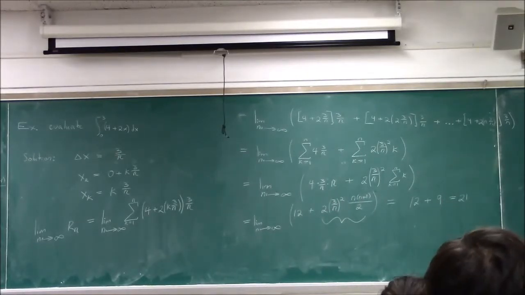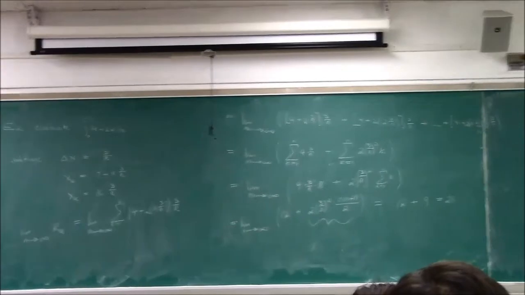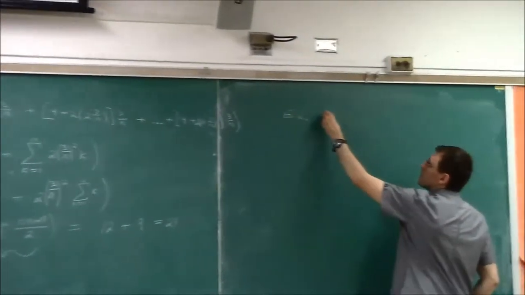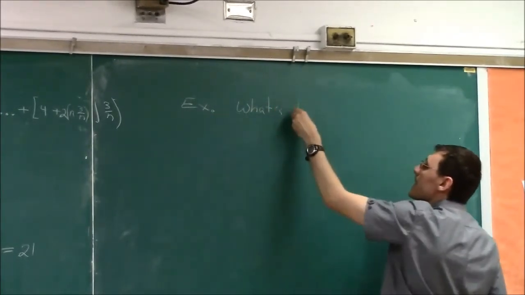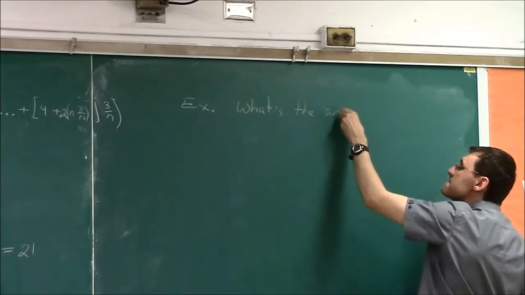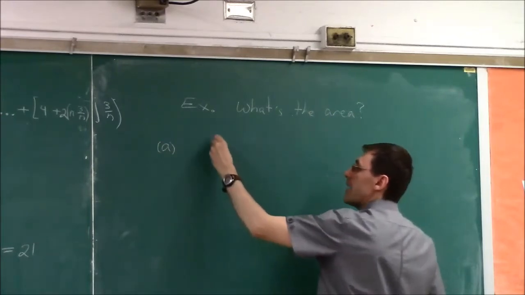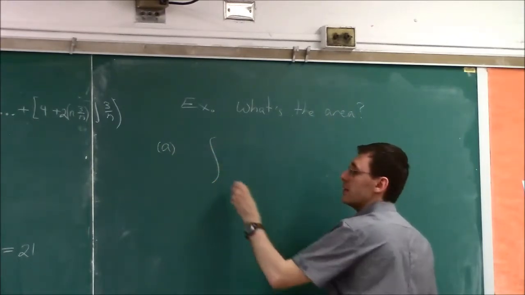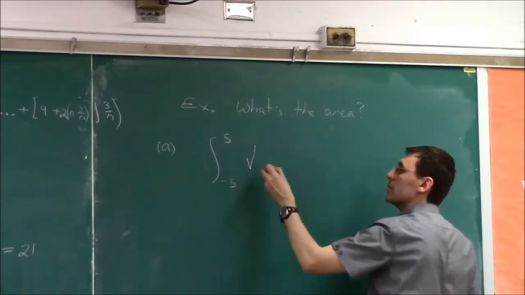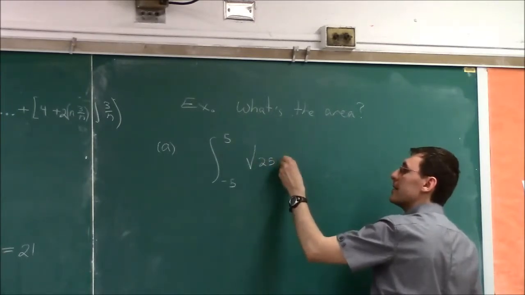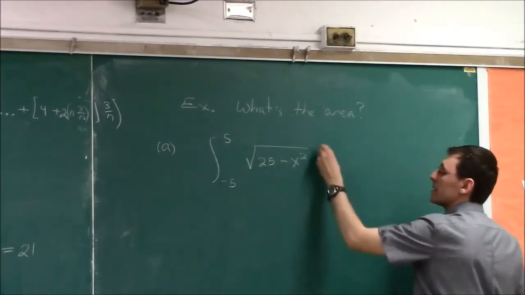Let's do maybe 1 or 2 more examples. What is the area? Suppose that we have an integral from -5 to 5 of root of 25 minus x squared dx.